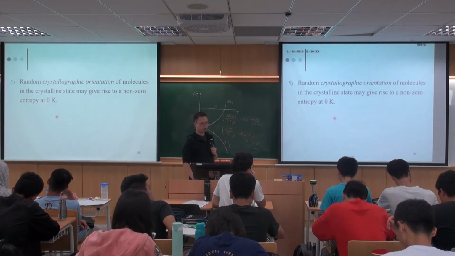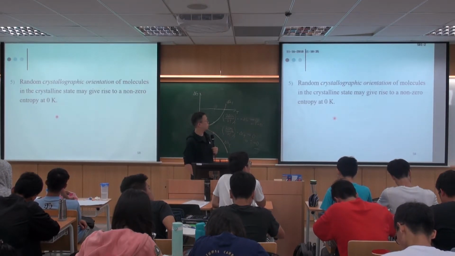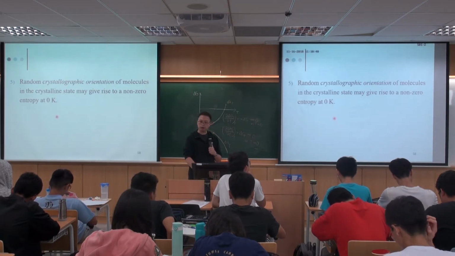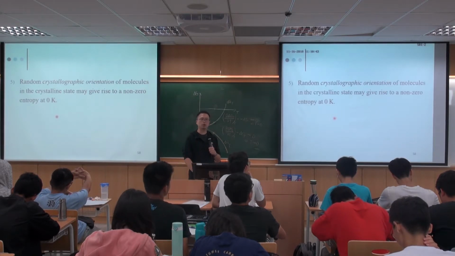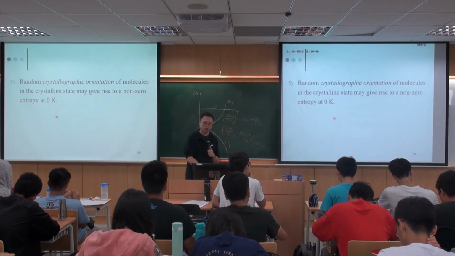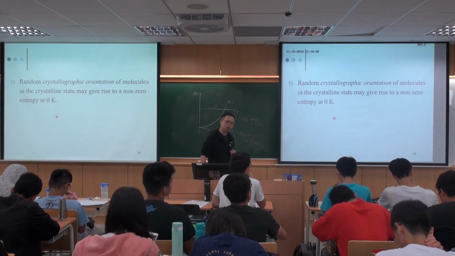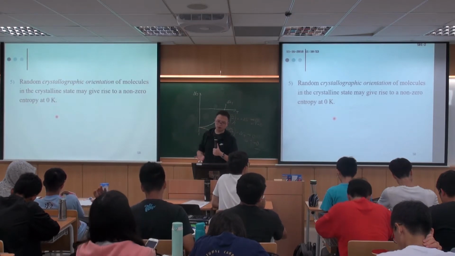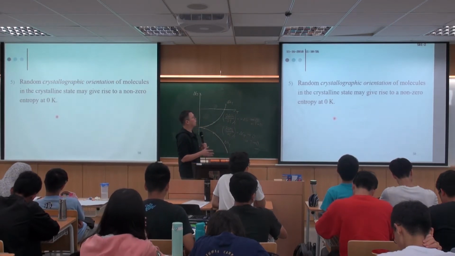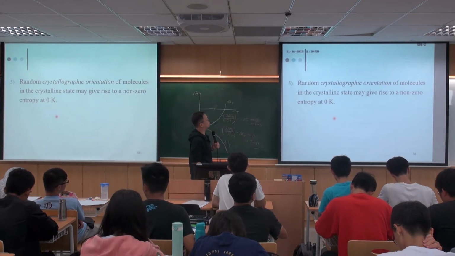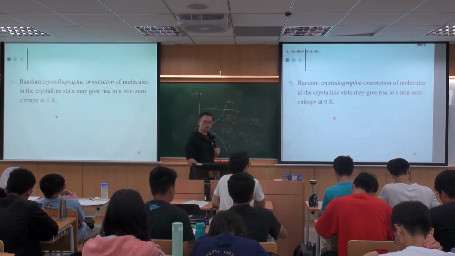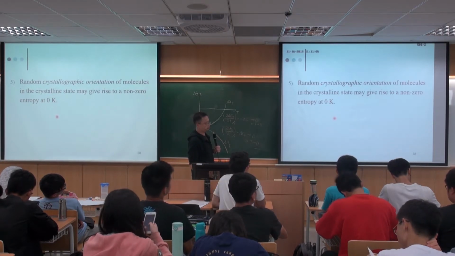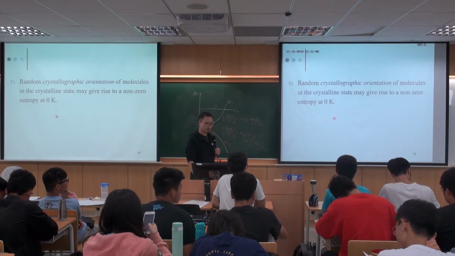And of course, from material science, you already know that there are different crystal orientations. That's what we call the polycrystalline structure, right? If you're dealing with a single crystal structure, then there are no different crystal orientations in the bulk of the material. But if you're dealing with polycrystalline material, you have different orientations of the lattice structure. Therefore, even when you cool down to 0 temperature, there are different possibilities for the orientation of those crystal lattices.